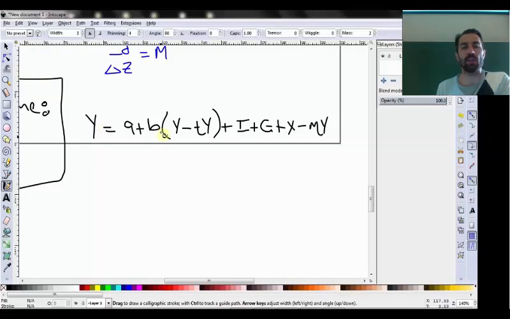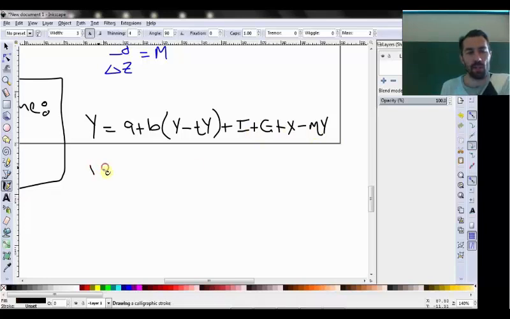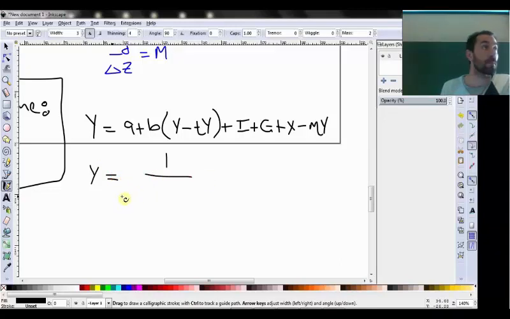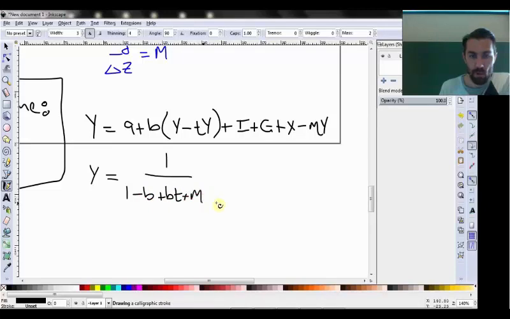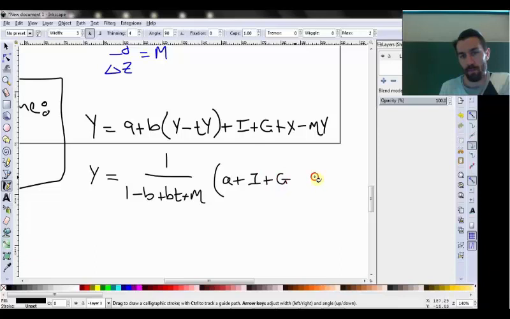If we have y equals A plus B(y minus ty) plus I plus G plus X minus my, if I were to rewrite this just to have y on the left-hand side, what do I end up with? 1 over 1 minus b plus bt plus small little m, times the autonomous components. Does that look right? You happy with that? Does that correspond to what you've done?